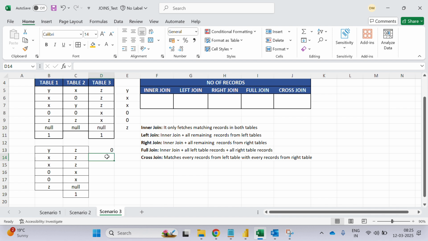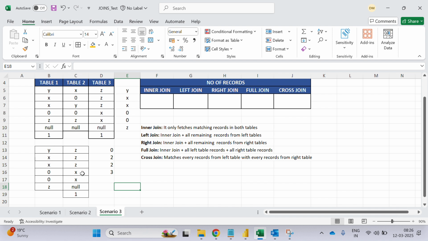This other x also matches 2 times. This 0 has no match, and this 0 is not matched with 0, so we ignore it. And z matches 1 2 3, so 3 times is present. We will check this once again.